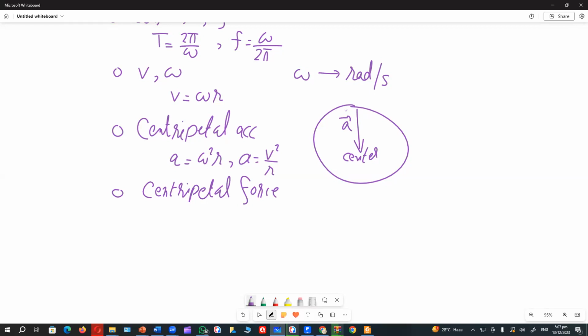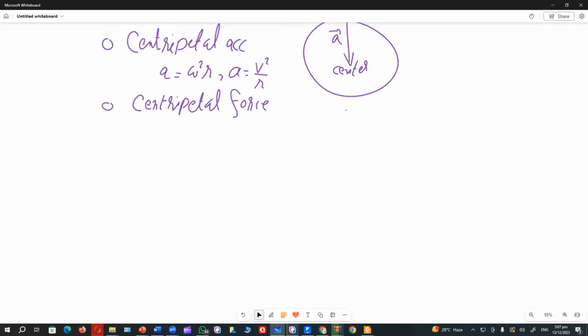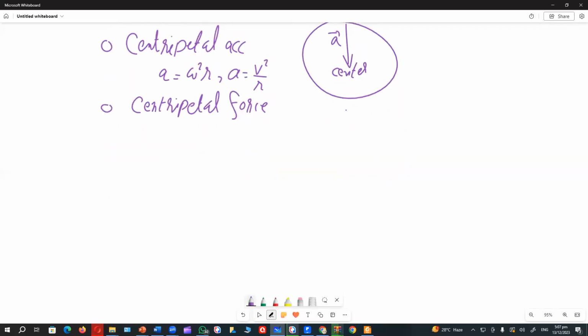So in a circular motion, the resultant force must be directed towards the center of the circle. In other words, when an object is moving in a circle, we have to force the object to stay in the circle. This is a requirement, so the object cannot escape.